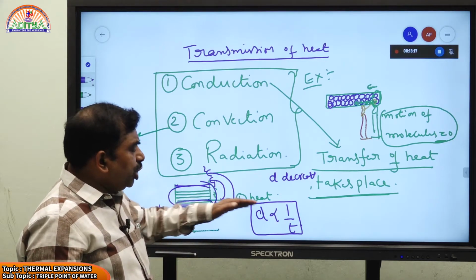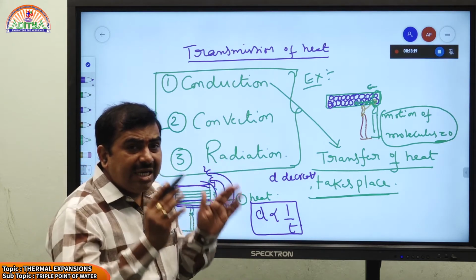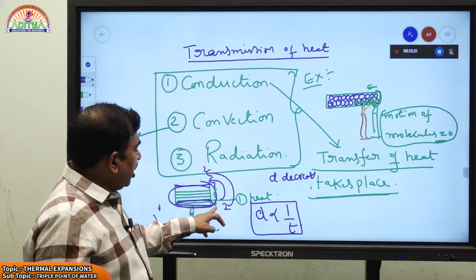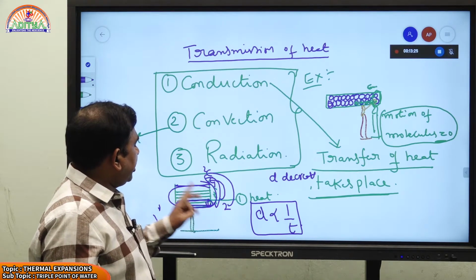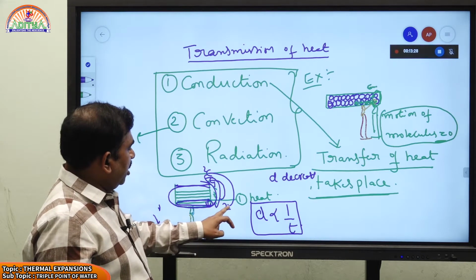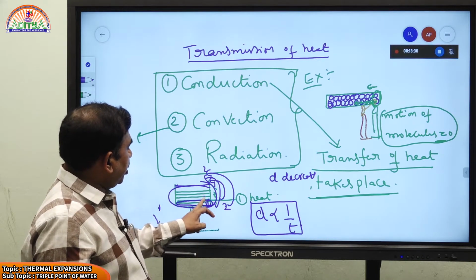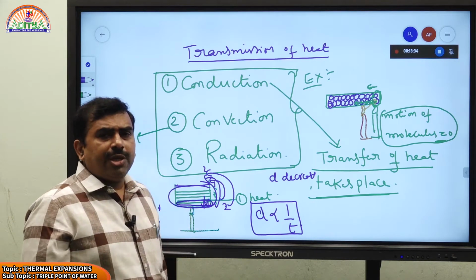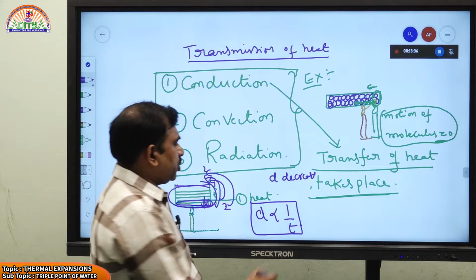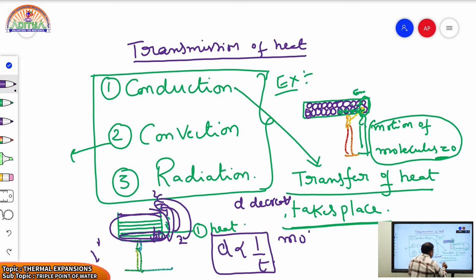Now look, in this process, there is clear evidence that the first layer will be transferred to the top. This space was occupied by the second layer. Similarly, the space vacated by the second layer is occupied by the third layer. So there will be movement of molecules. Molecules are moving.